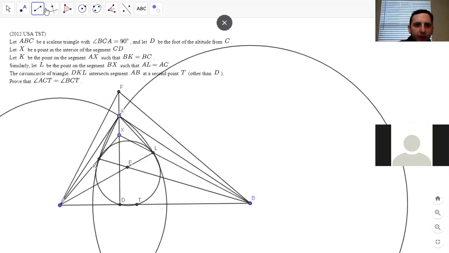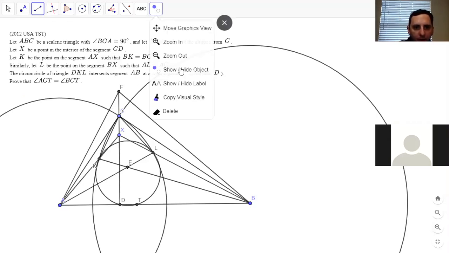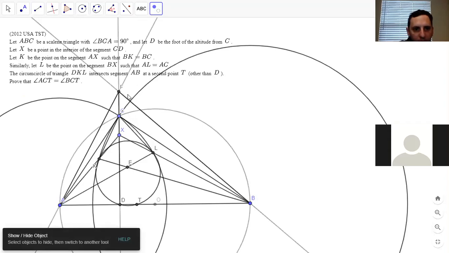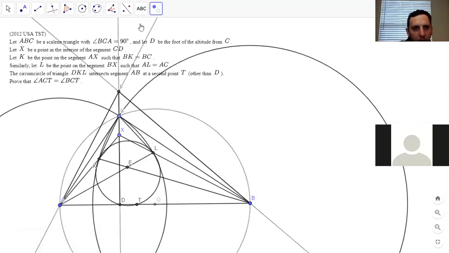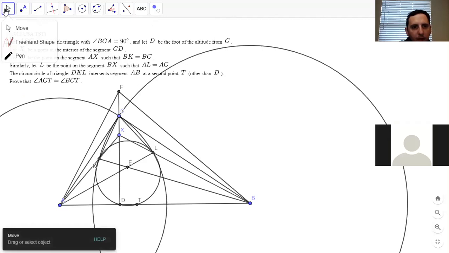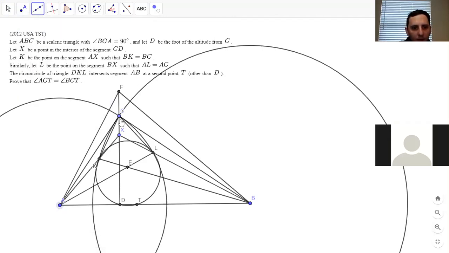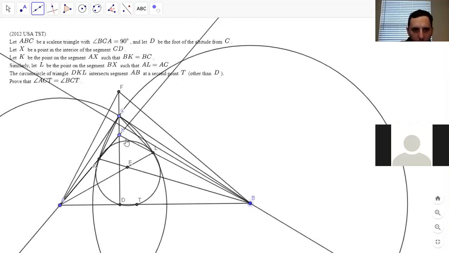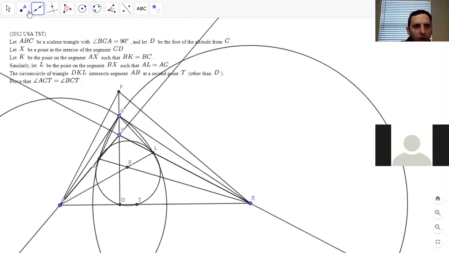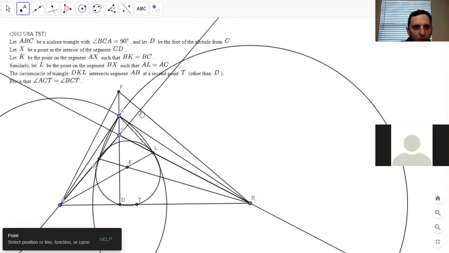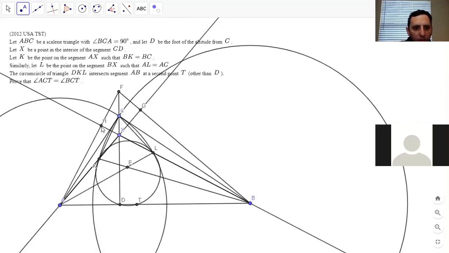Maybe I could draw the perpendiculars to make it clearer. Sorry, AXB. You intersect KL with BC.